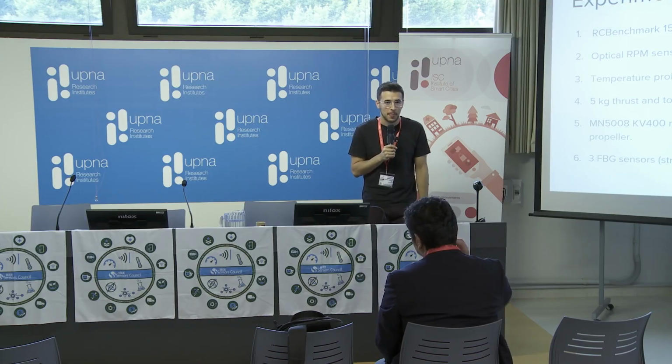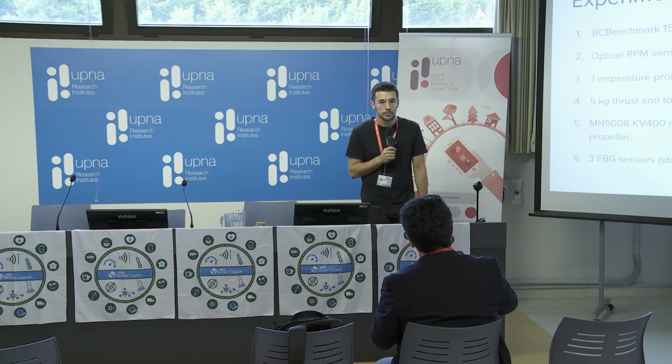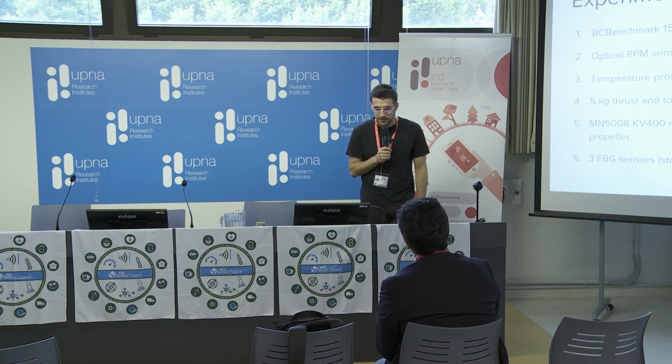And also, this is a comment. My suggestion is to look at the correlation between sensors, and maybe also the correlation between input and output, like the duty ratio. Yeah, exactly.